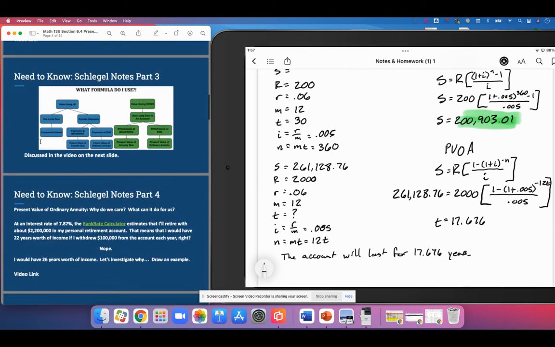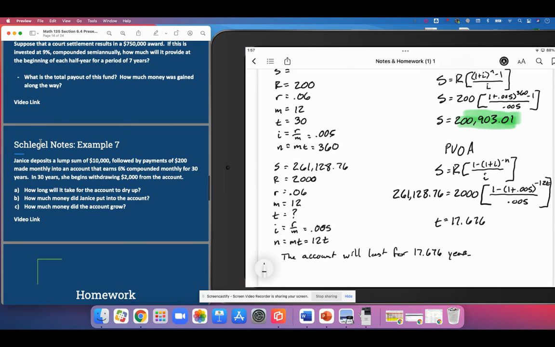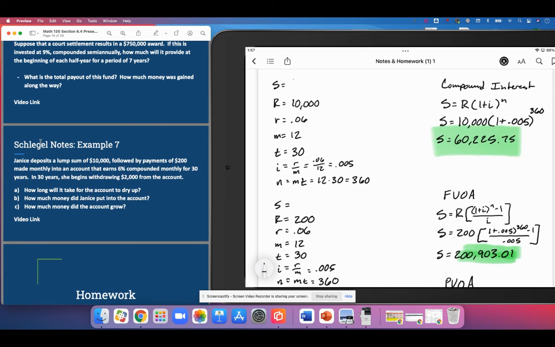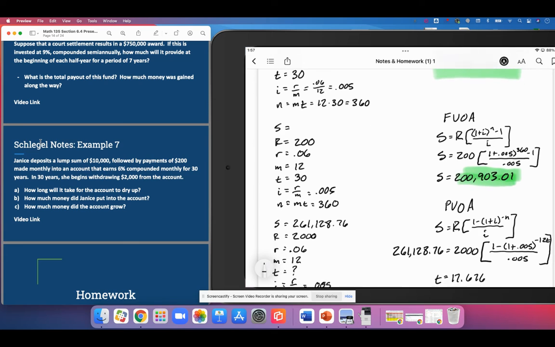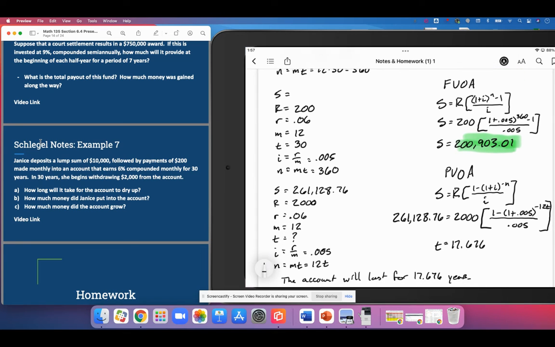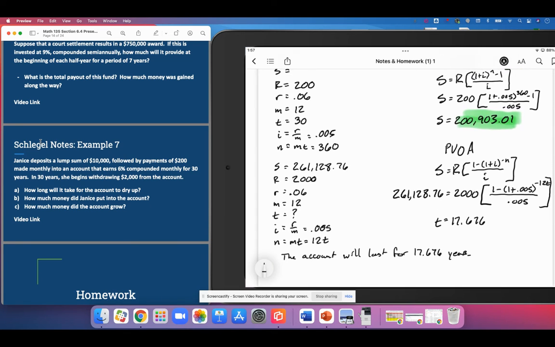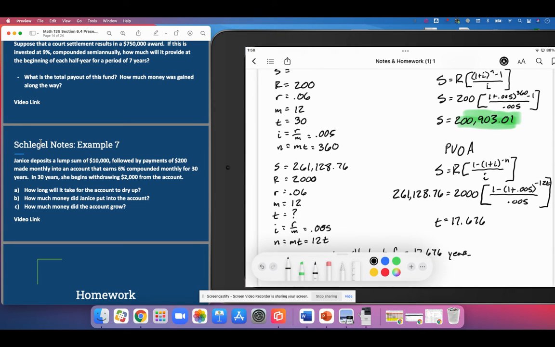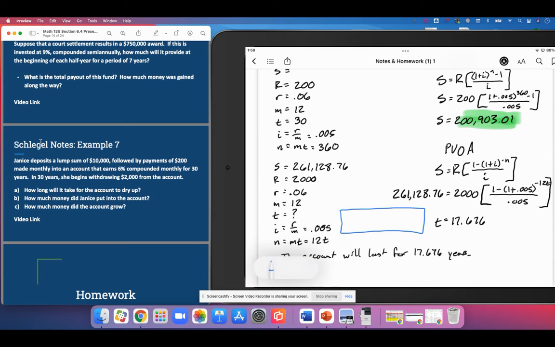All right. We had some additional questions here. How much money did Janice put into the account? And so, well, going back up here, she started with $10,000. Then she put in $200 every month for 30 years. So I'm going to find a space here to do this math so that I can still have everything on this one screen. If I had paper and pencil, I would obviously be just moving on to another page.